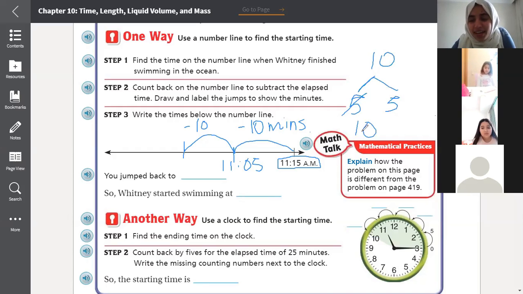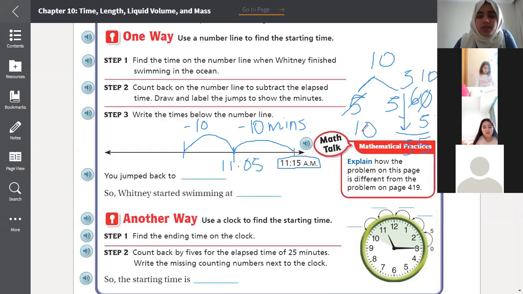So 10 is the next number, and we know that 60 minus 5 is, let's try to borrow here to help you. You said before that 10 minus 5 is 5, and then the other 5, I'm going to put it down.